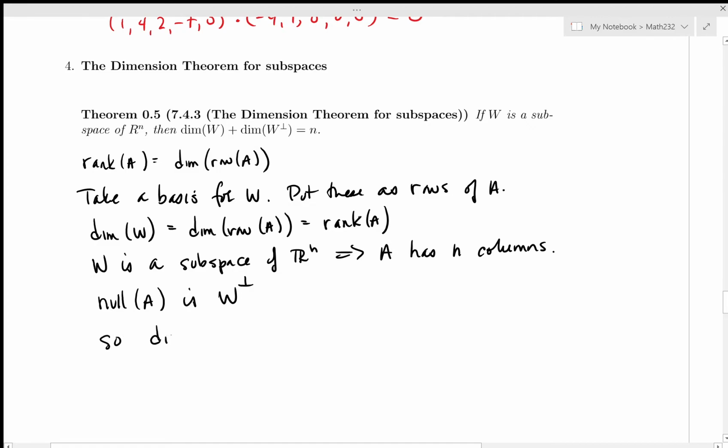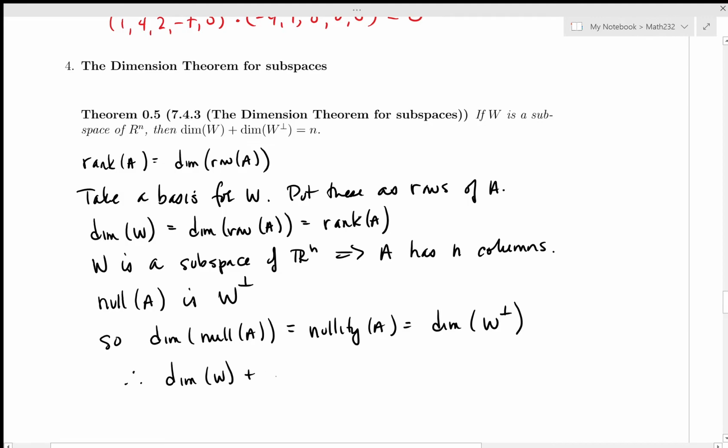The dimension of the null space of A is equal to, well, we call it the nullity of A, and that is equal to the dimension of the orthogonal complement of W. So then we end up with the theorem is saying, the dimension of W plus the dimension of the orthogonal complement of W is n.